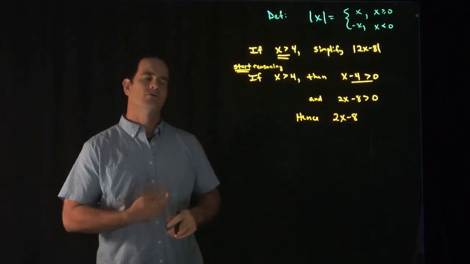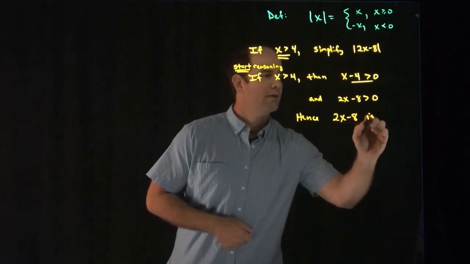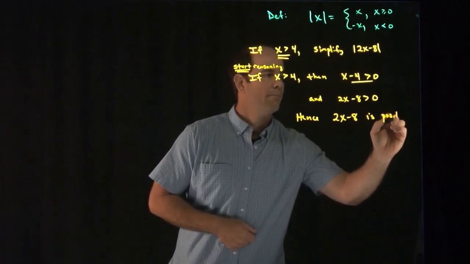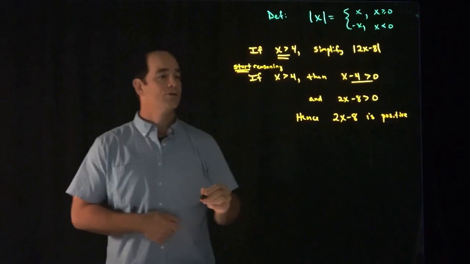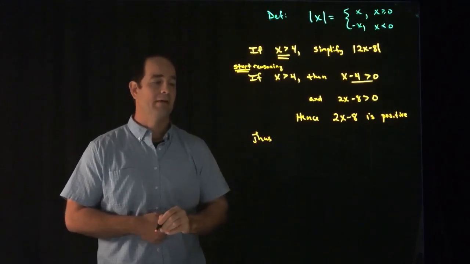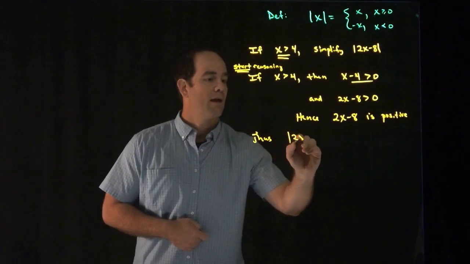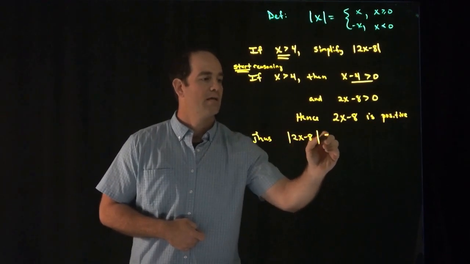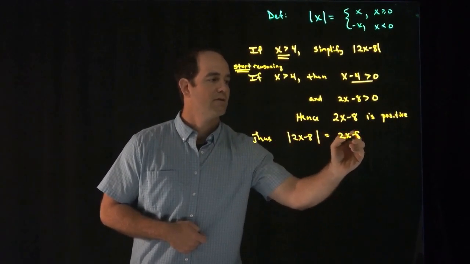If a value is greater than 0, it is most certainly positive. So the conclusion that we can make, that we were really after from the beginning of this, is that the absolute value of 2x minus 8 is in fact 2x minus 8.